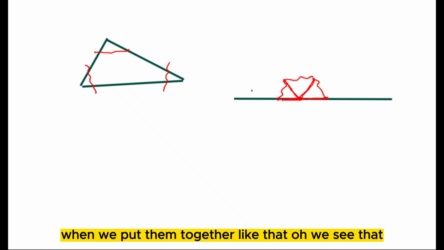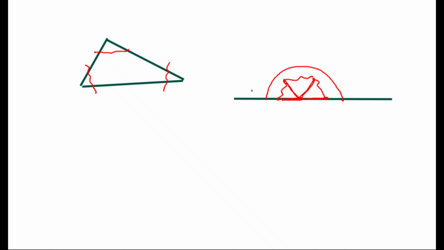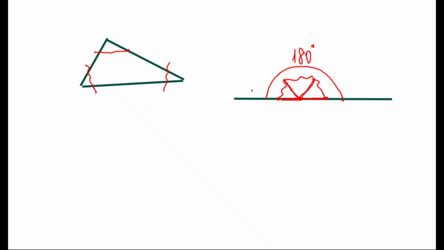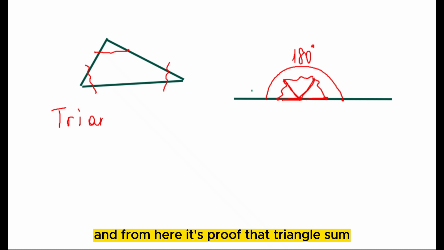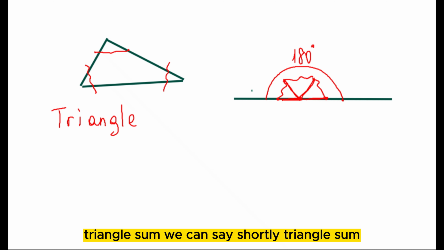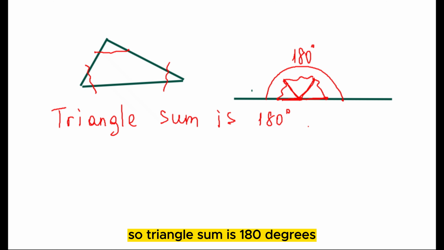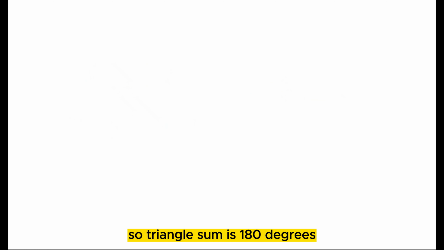When we put them together like that, oh, we see that we get a straight angle. They add up to 180 degrees. And from here, it's proof of the triangle sum, we can say shortly triangle sum. It is actually the sum of interior angles of a triangle. So triangle sum is 180 degrees.